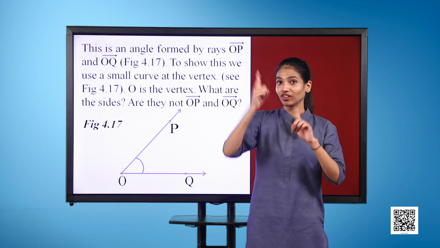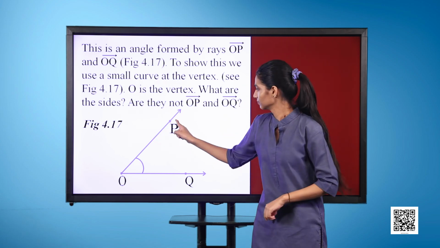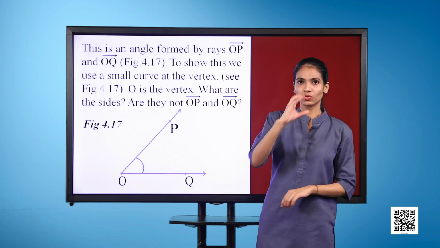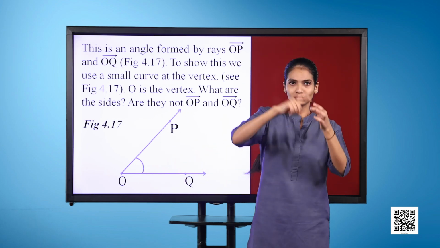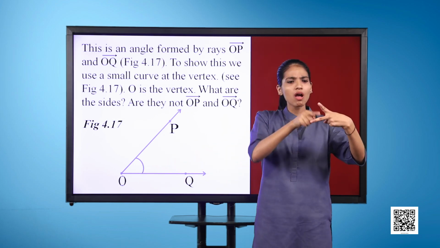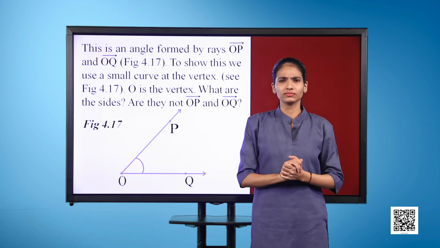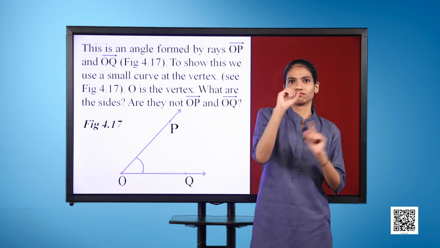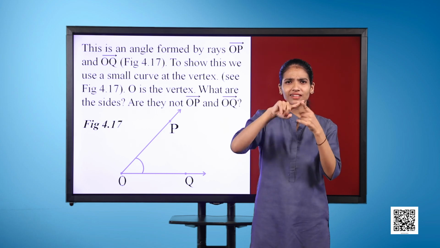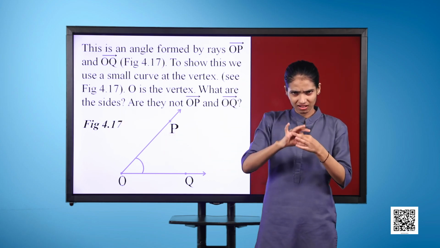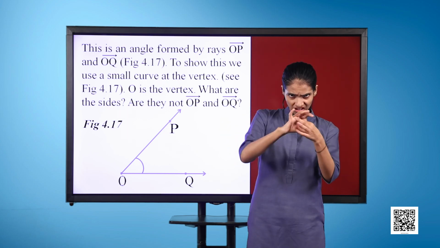This is an angle formed by rays OP and OQ, figure 4.17. To show this, we use a small curve at the vertex. See figure 4.17. O is the vertex. What are the sides? Are they not OP and OQ?